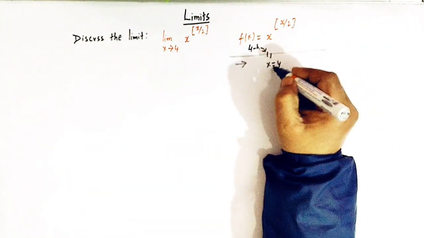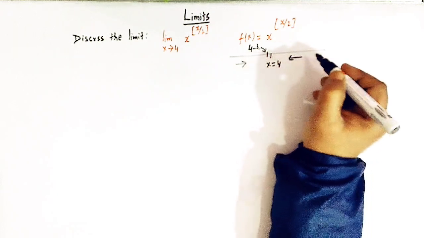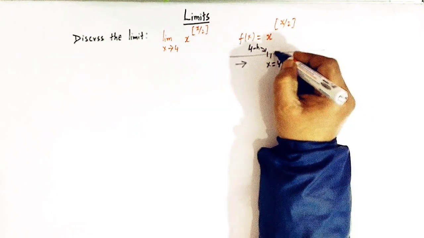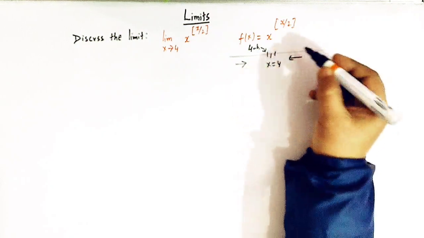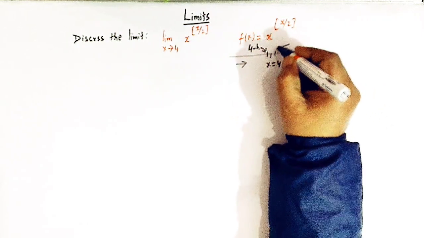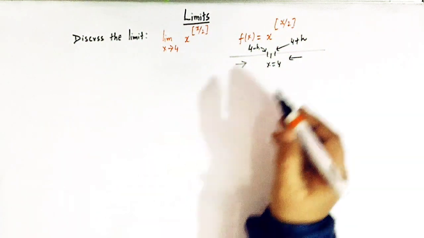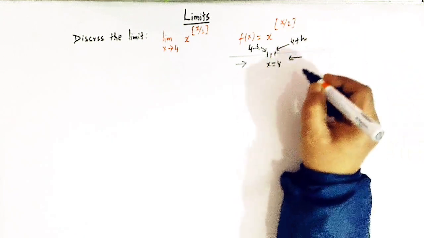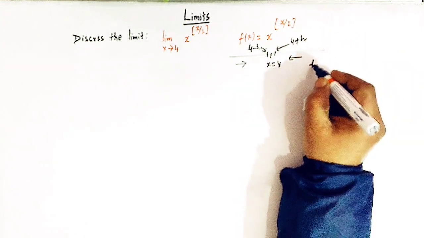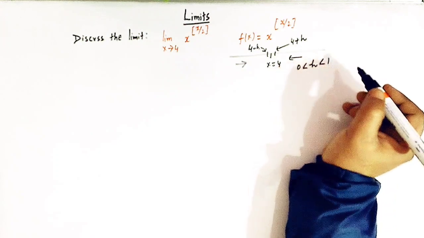And when we approach x is equal to 4 from the right of x is equal to 4, then we have another point in the right neighborhood of x is equal to 4, such that this point is 4 plus h, right? And where this quantity h is infinitesimally very small, but h is a positive quantity lying between 0 and 1, right?